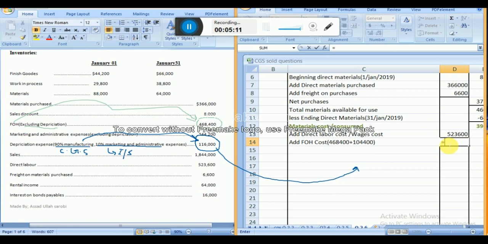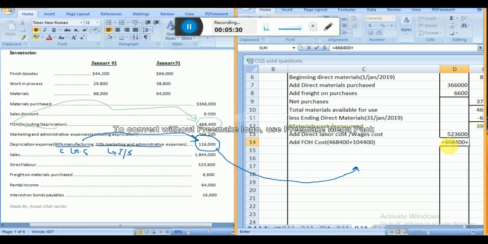Look at 4,68,400. That is the factory overhead without depreciation charge.